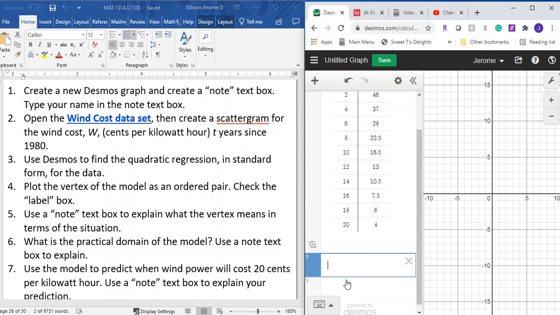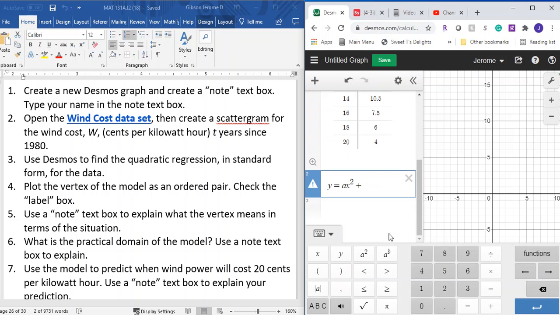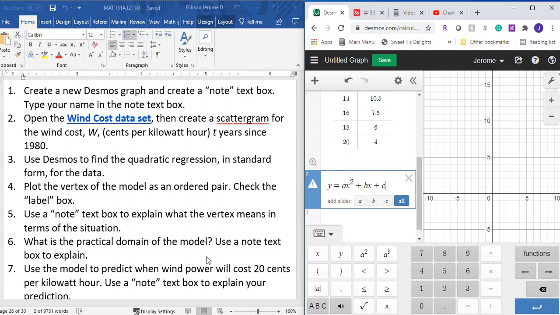And so to do quadratic regression, remember the quadratic equation is y equals ax squared. And I'm just going to type out the regular expression, ax squared plus bx plus c. Now this is the equation that we're supposed to use. So we have to convert this now in order to get the quadratic regression.